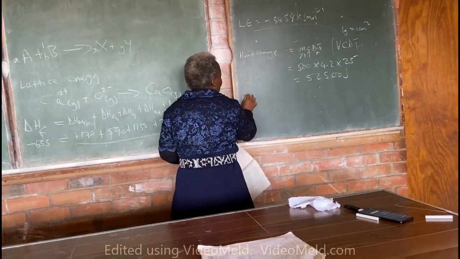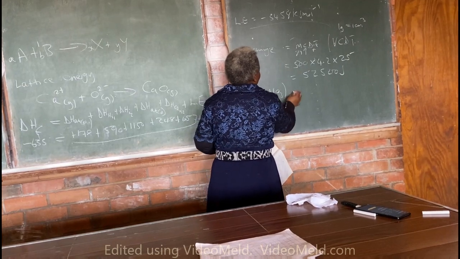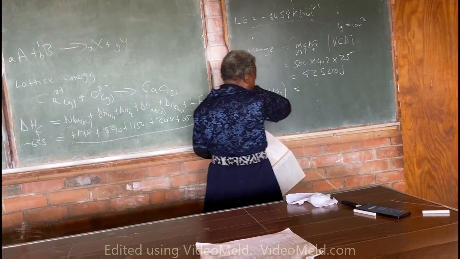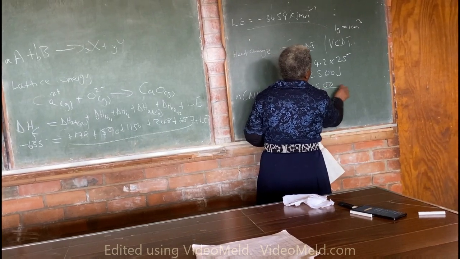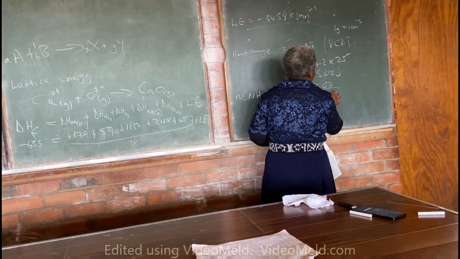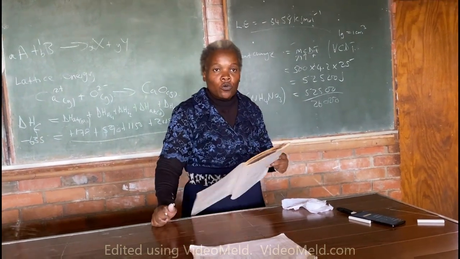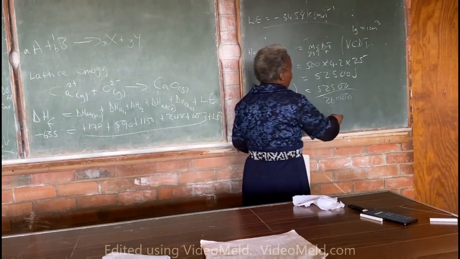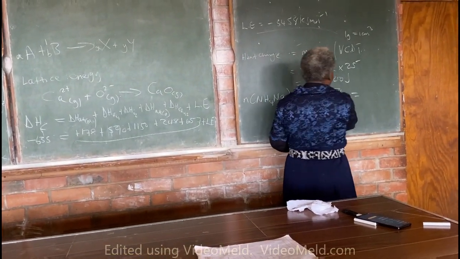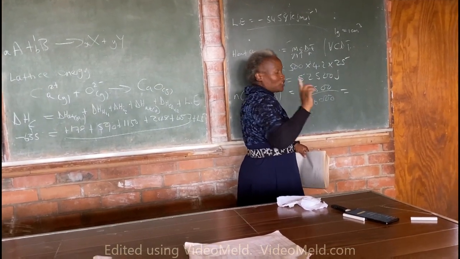Therefore, how many moles of the ammonium nitrate are being dissolved by this amount of heat? So we divide this by 26,000. We're given it as kilojoules, so we multiply by 1,000 to convert into joules. And when we do this, we can see that this amount of heat is released when 2 moles of ammonium nitrate dissolve.